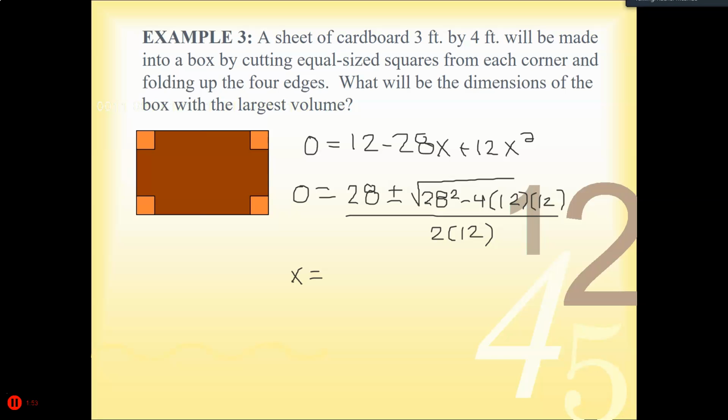So the square root of 208 would be added to 28 and subtracted from 28. I mean, it doesn't hurt you or help you.